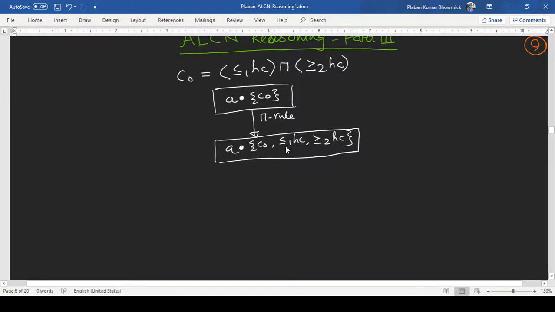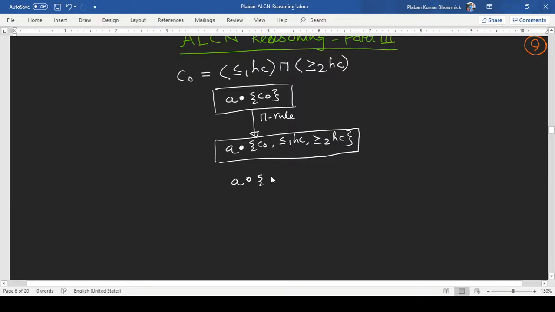Now we cannot apply this rule first because this assumes that there should be at least one child. But in order to make it true, I can add two children of A. So this is what we'll be doing here.